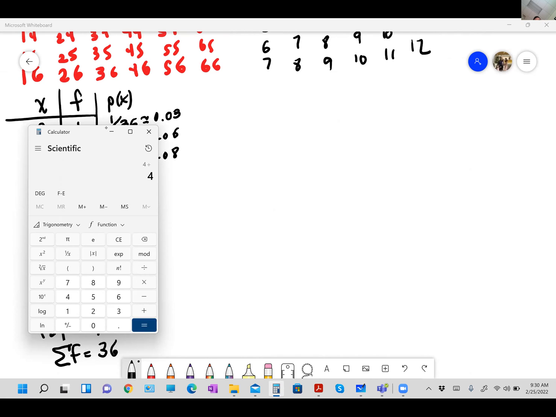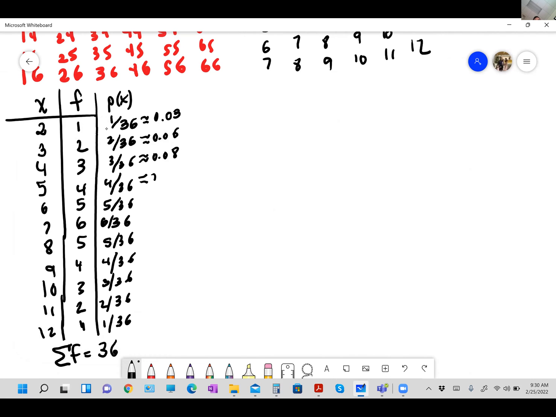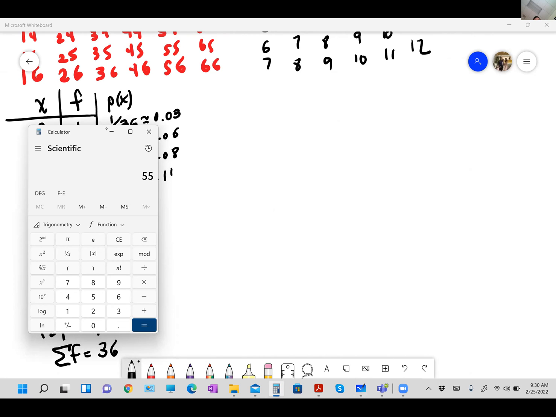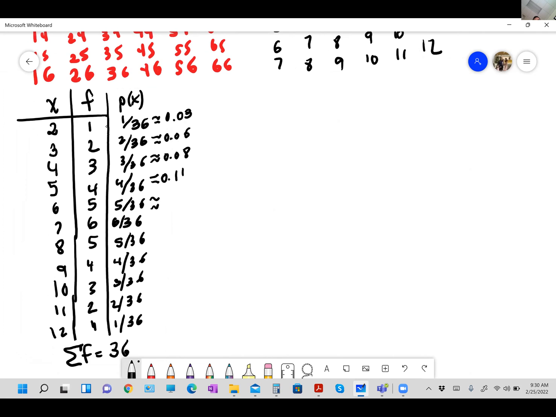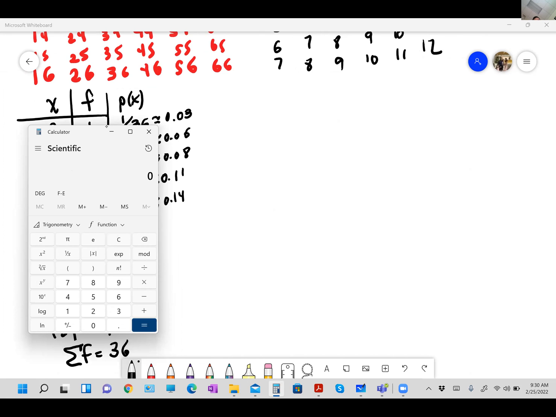4 divided by 36 is 0.11. 5 divided by 36 is 0.14. 6 divided by 36 is 0.17.